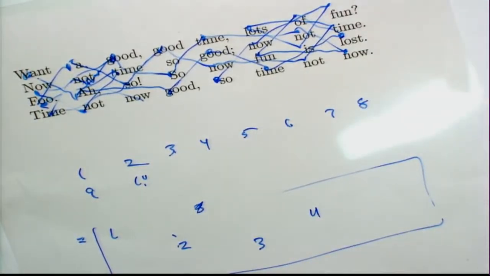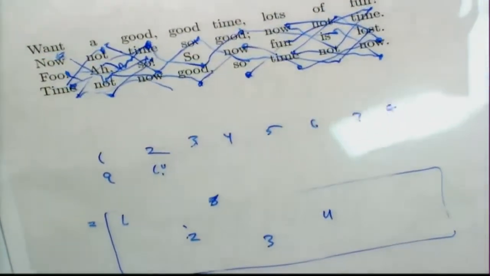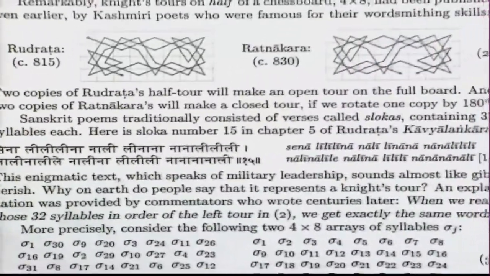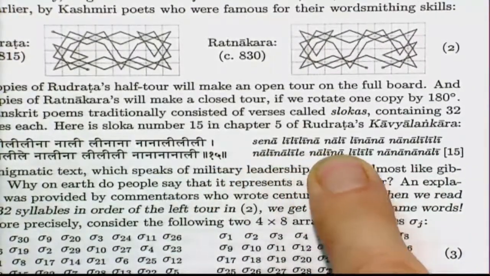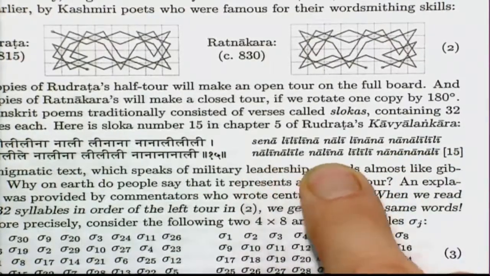Now the thing is, it's probable that Rudrata only knew one Knight's tour on the 4x8, and the one that he knew allowed him only 4 different syllables. So the actual poem that he has in it, if we look at the Sanskrit here, is, well, I guess I got an English translation at the right. So it's say na li na li na li na li la.